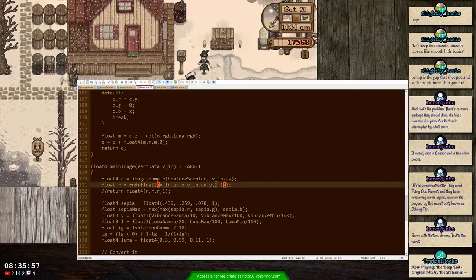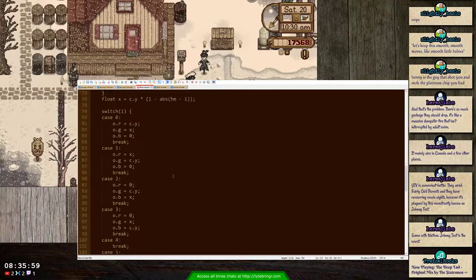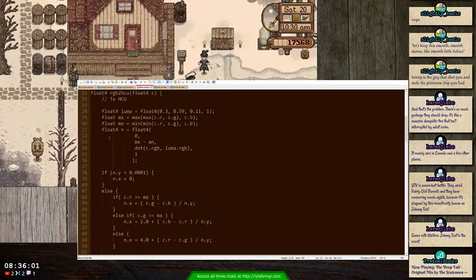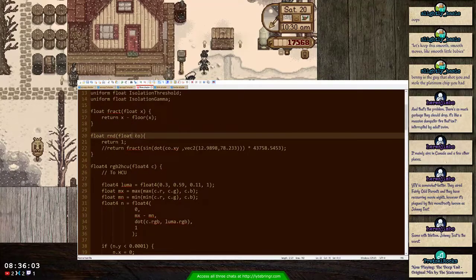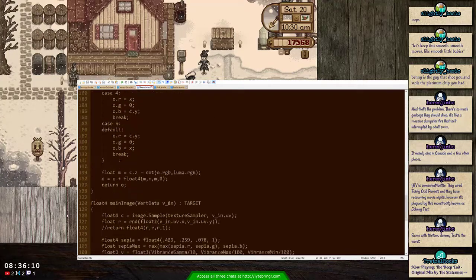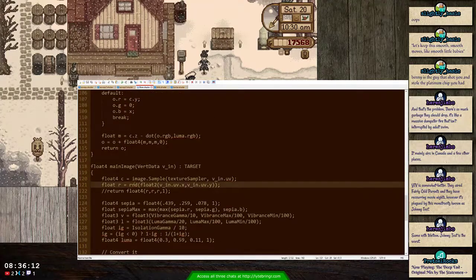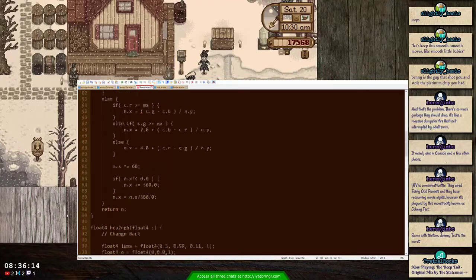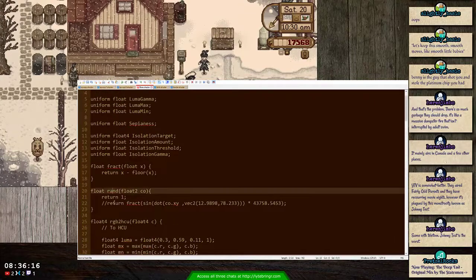Can we make a float2? Yes. Okay, we now have a float2, and we call it rand like we wanted to from the beginning.